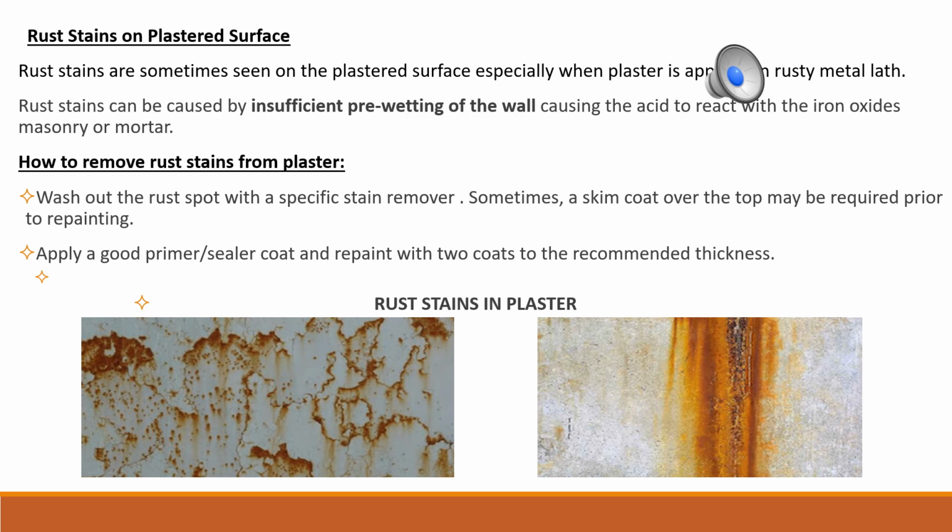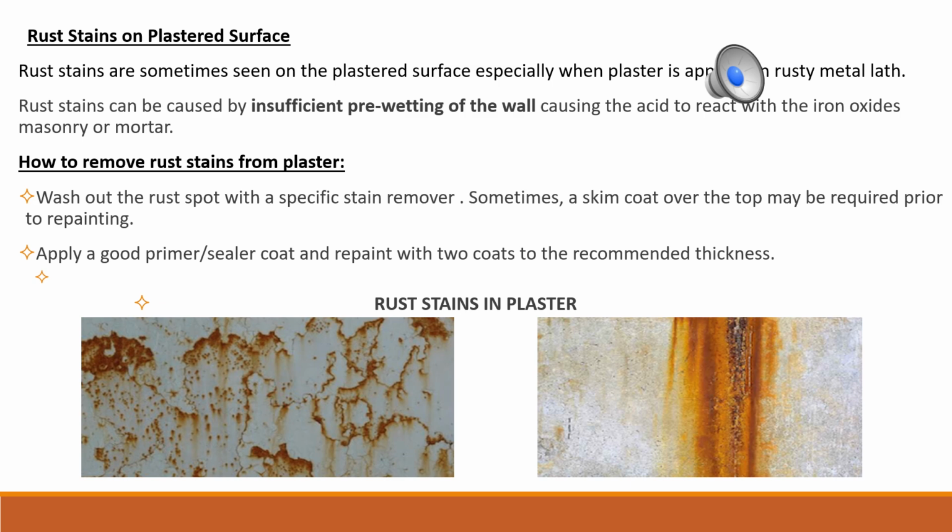How to remove the stains from the plaster? There are a few methods we can discuss. Wash out all the rust spots from the plaster with a stain remover. There are different stain removers available in the market.